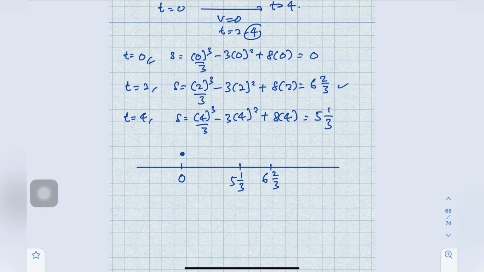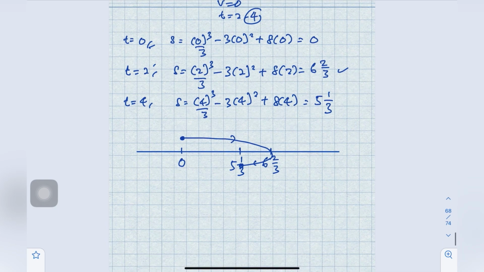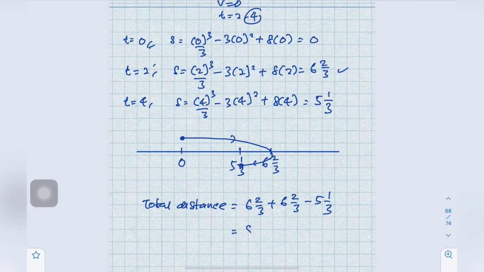When t is 2, this is when it changes direction. When t is 4, here. So then to find the total distance is 6 2/3 plus 6 2/3 minus 5 1/3, which we get equals 8.